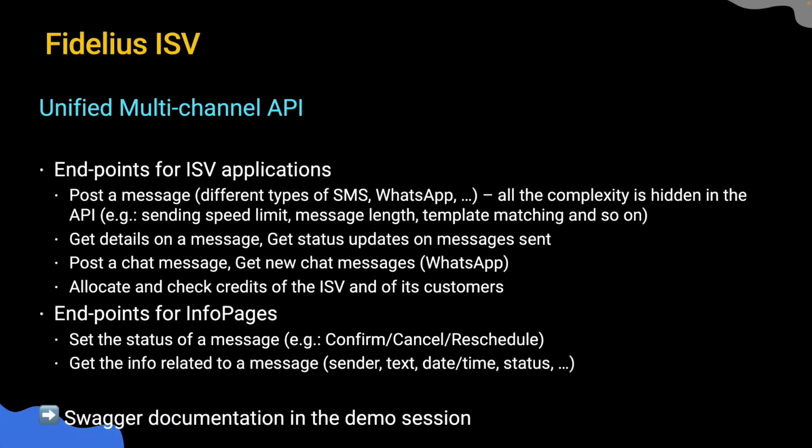The endpoint for InfoPage allows to set the status of a message, confirm, cancel, reschedule, and get the info related to a message, sender, text, date, time, status, and so on. I will show the Swagger documentation in the demo session.